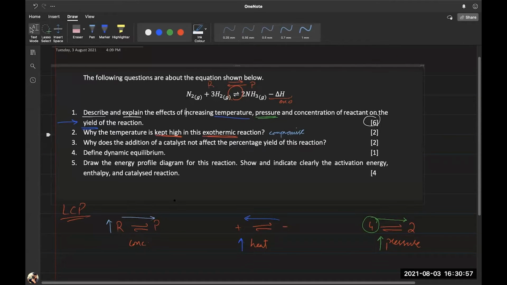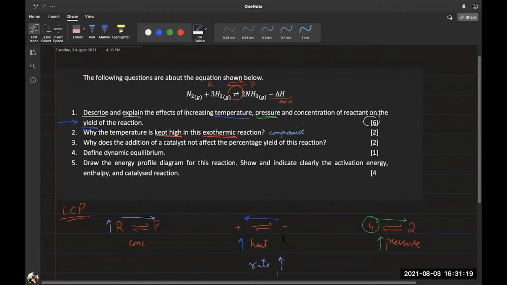When you increase the temperature, yield goes down, but rate goes up, because rate depends on kinetic energy, and when they have higher heat, they have higher kinetic energy and collide more. So rate is faster, but yield is still going to be less. So it's the idea of compromise.